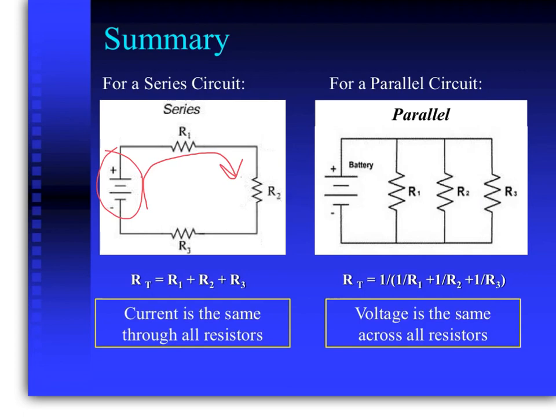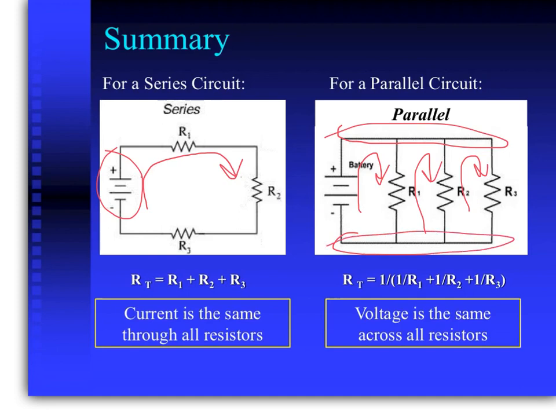In a parallel circuit with three resistors, you have 3 complete circuits with 3 current paths. Each resistor has the entire battery voltage across it. The total resistance is equal to 1 over the sum of the reciprocals of the resistances, as shown here.